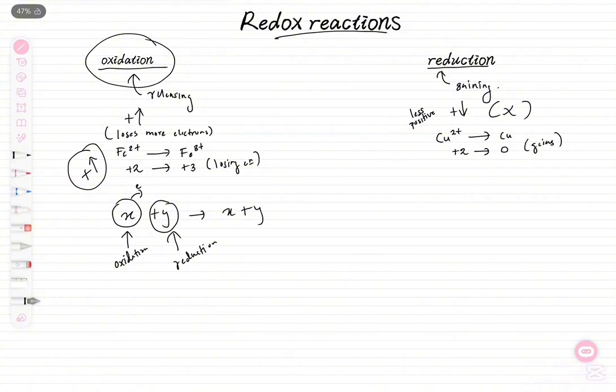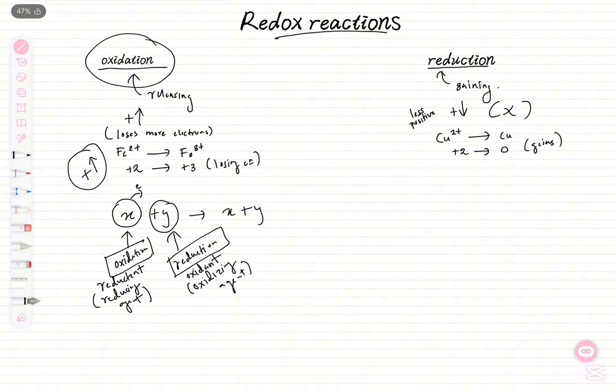These processes happen simultaneously. Therefore, here the species undergoing oxidation is known as the reductant, that means the reducing agent. And Y undergoes reduction, so it is known as the oxidant, also called the oxidizing agent.